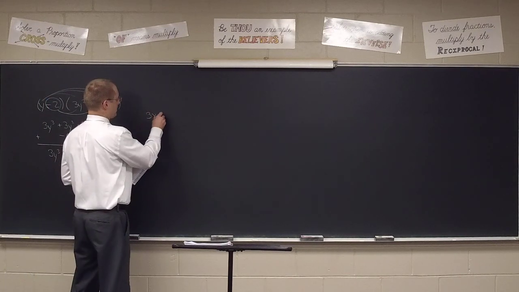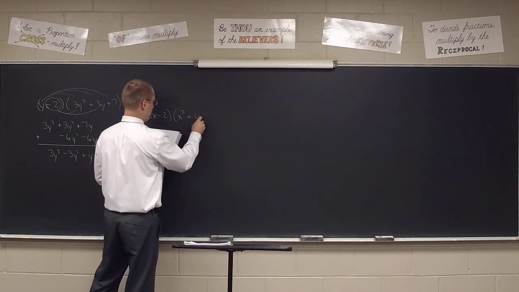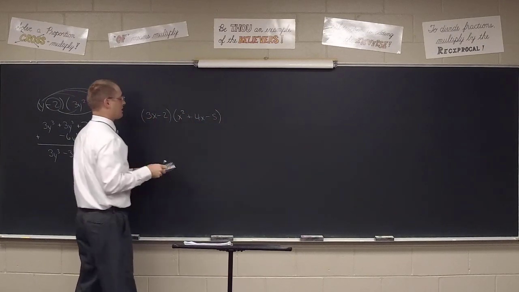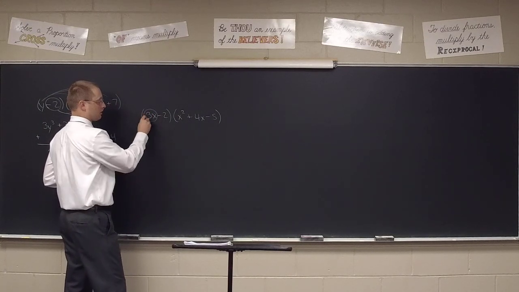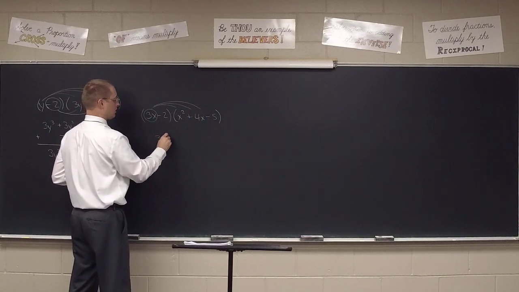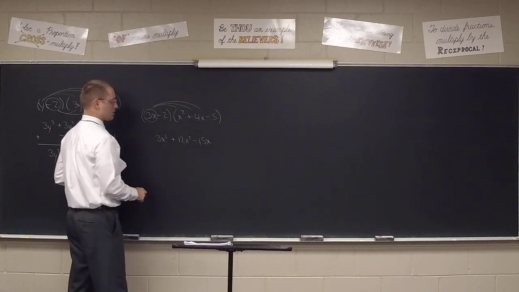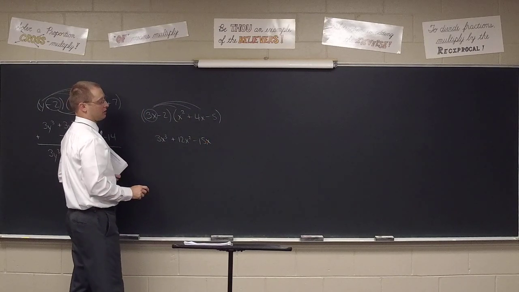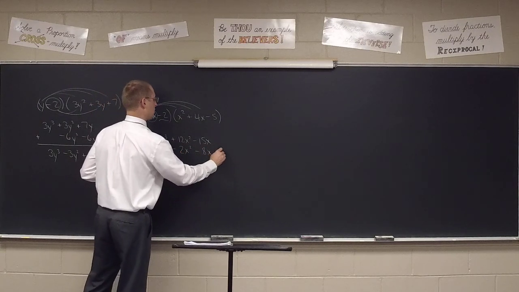Having to distribute a 3x negative 2 through the polynomial x squared positive 4x negative 5. Dylan, walk us through. Distribute the 3x, please. 3x cubed positive 12x squared negative 15x. All right. Then Joshua. Negative 2x squared negative 8x positive 10.